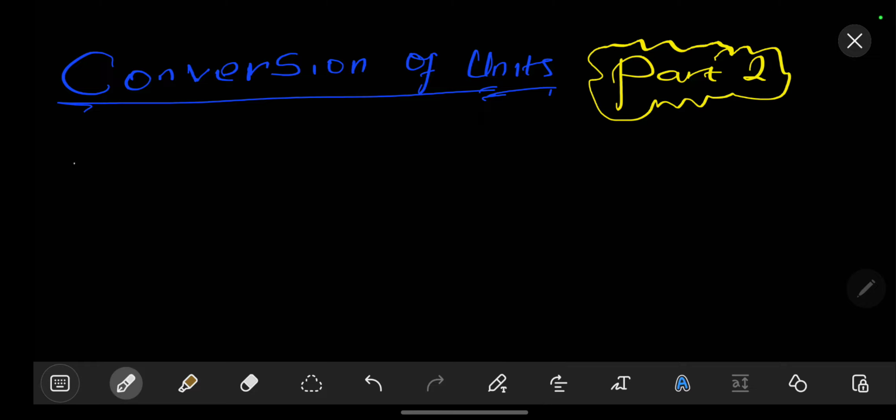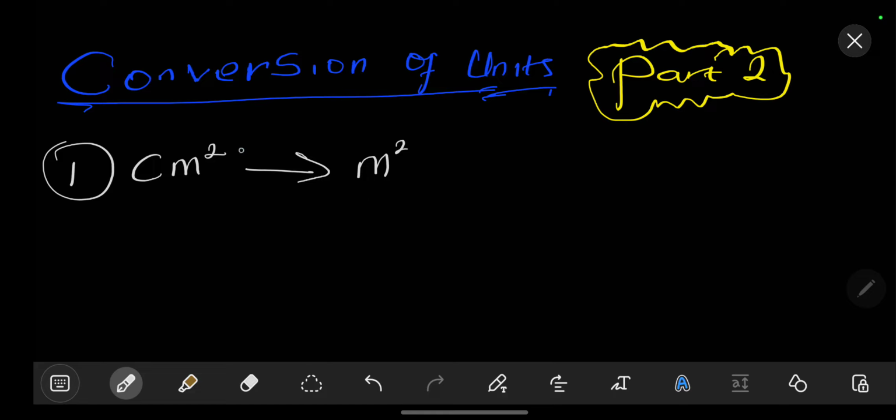Now, our very first conversion this morning will be converting from centimeter square to meter square. For most of you, you can easily convert from centimeter to meter, but when it comes to including the square, it becomes a big conundrum to you. But do not worry, because as always, I'll give you a step-by-step approach and make it easy for you to comprehend.